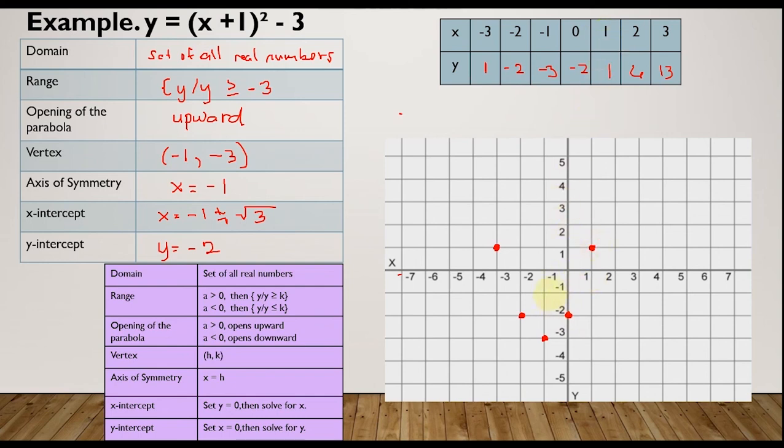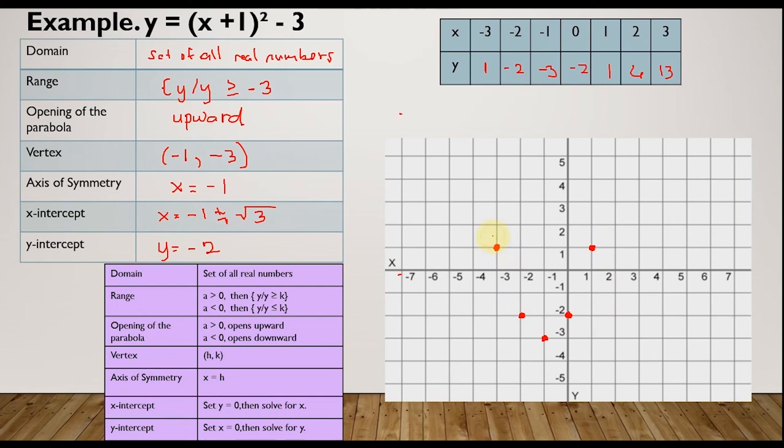All right. Now, as you can see, we have our vertex here, which is negative 1, negative 3, at the middle. We can just use these points and then connect them. So we can have our graph.